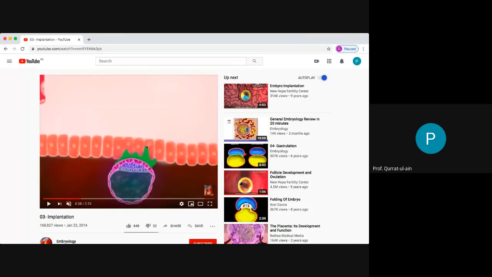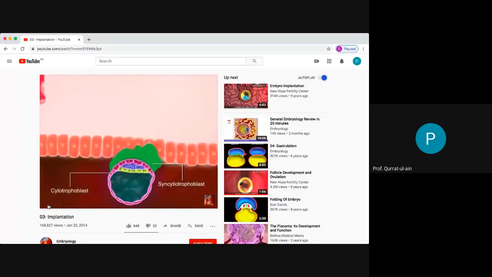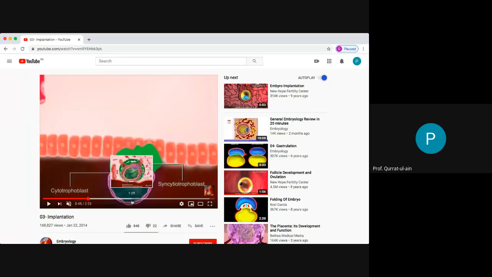It is digging in and eroding the endometrium and will drag this whole blastocyst inside. Now, this is the end of the first week, where the embryoblast has also shown another layer on the inside, which is the hypoblast. So there's syncytiotrophoblast, and there's a cytotrophoblast.